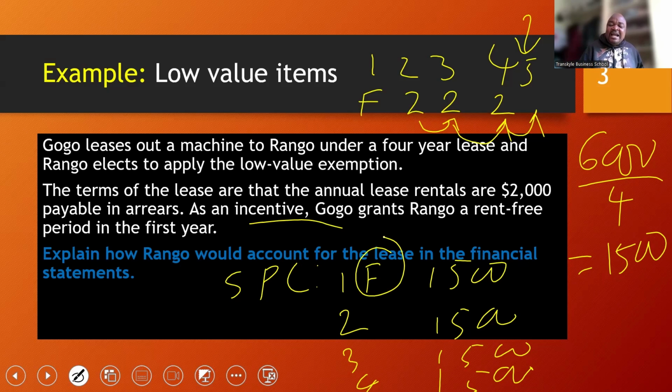So it means that I need to divide that 1.5 by the number of years where the rentals will be paid, which means the 1.5 should be divided by the 3 future years, which means each of these years should also be my 500. Year 1, 500. Year 1, 500.